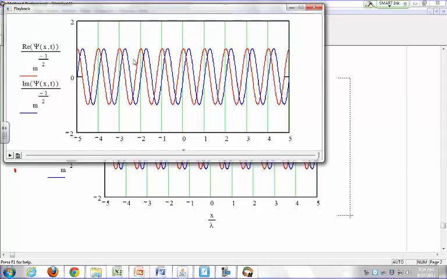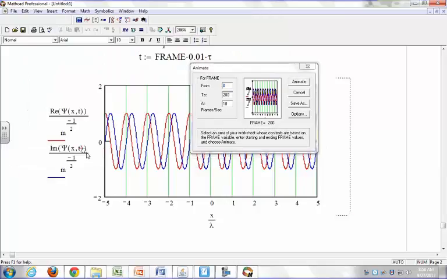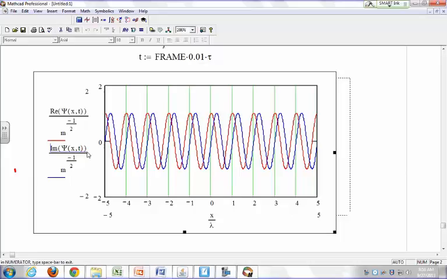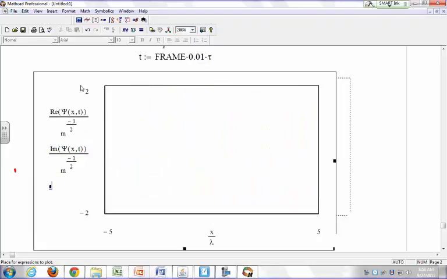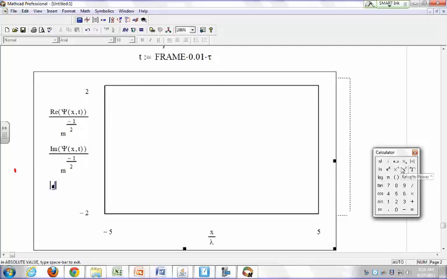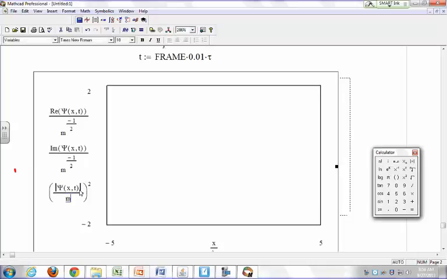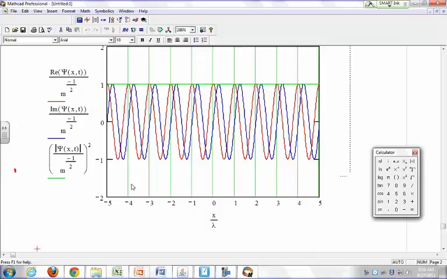Okay, and if you want to plot psi squared, what would it look like? So if you want just the absolute value of psi(x,t) squared, divided by the right unit, m raised to the negative 1/2, and there's your psi squared right there, the green line.